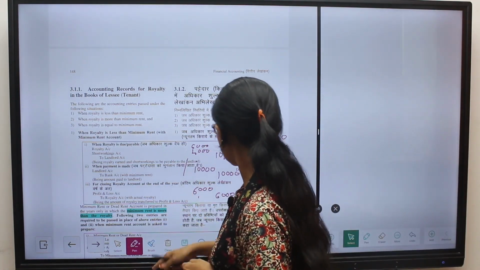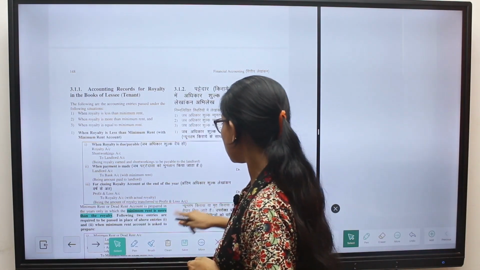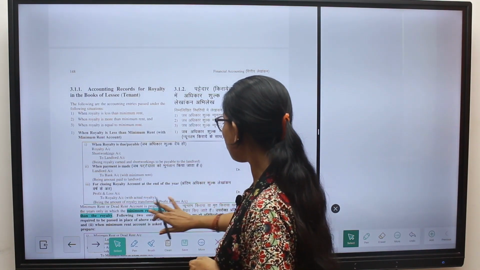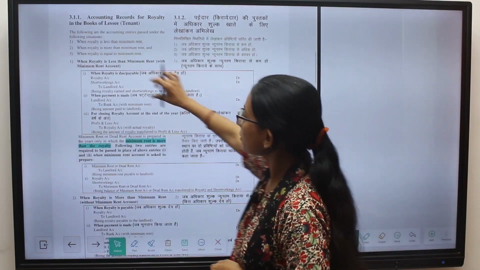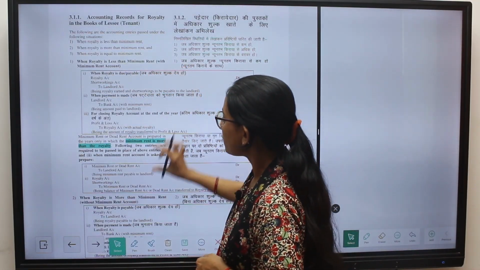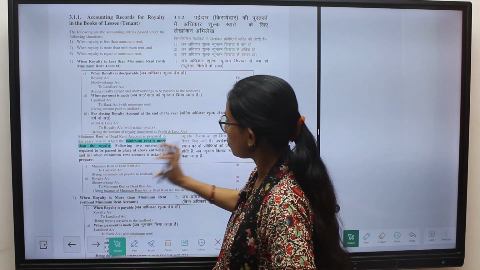In the examination, if the question asks that you have to prepare the minimum rent account, what will you do? Instead of passing this due entry, we'll open the minimum rent account.